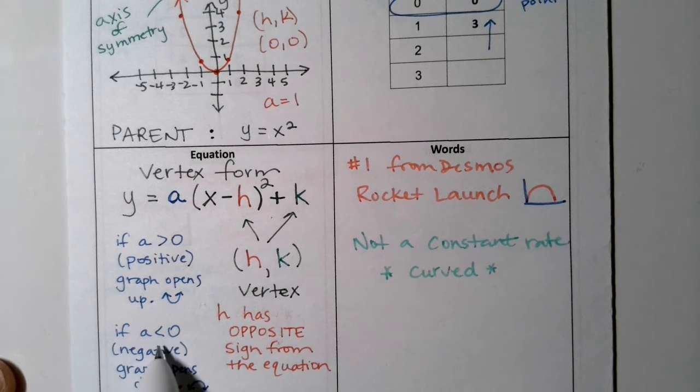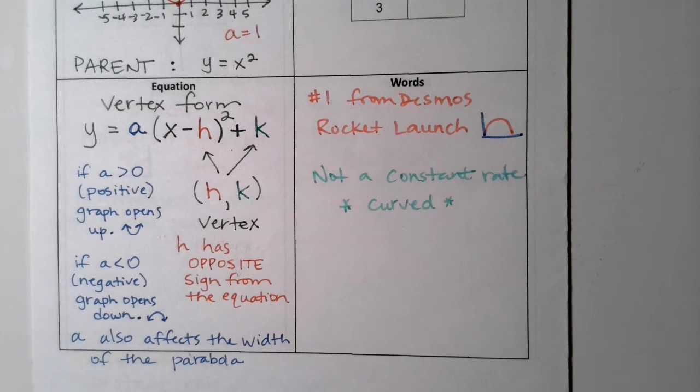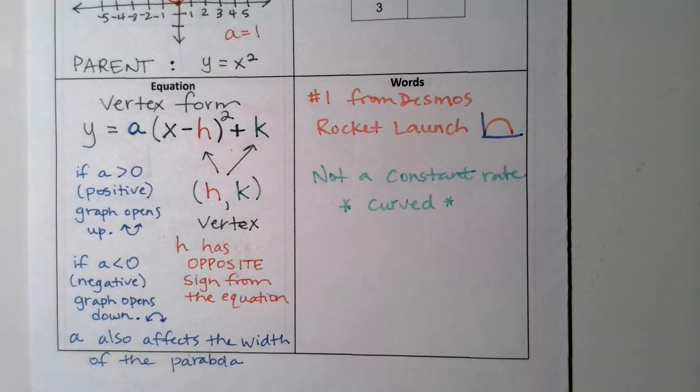If a is less than 0 or negative, the graph opens down, so it makes a frown if you look at it that way. And the a value also affects the width of the parabola. So how narrow or quickly it goes up, or how wide it opens up.